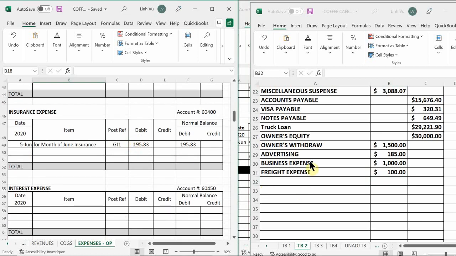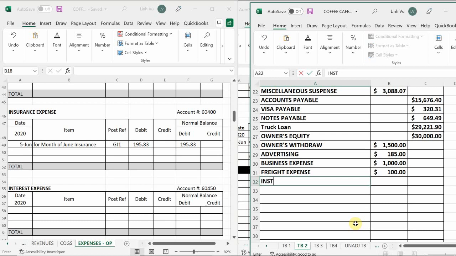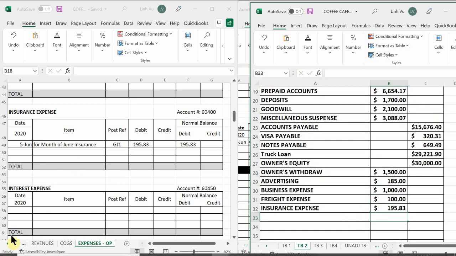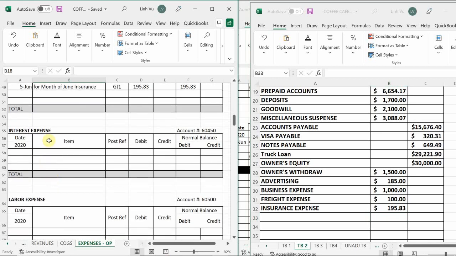We did pay for insurance because we need to protect our store in case of something happening, which we already acknowledged. One month's worth of insurance cost me $195.83 per month. We haven't calculated our interest expense yet. We haven't received any bills from our loans or anything that generates interest, so no interest expense that we have to pay.